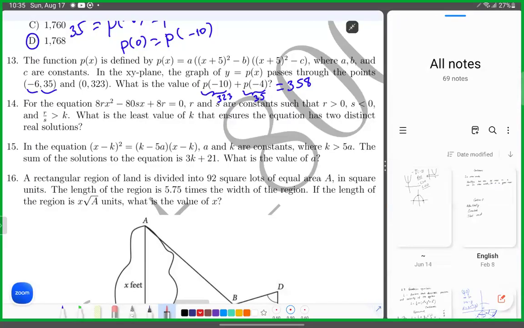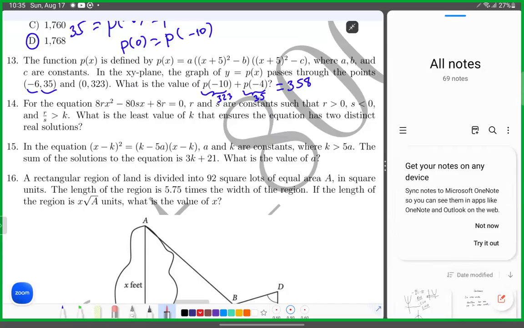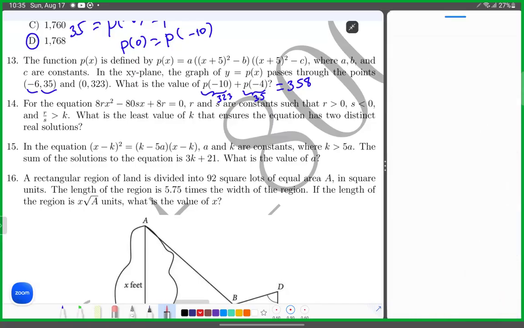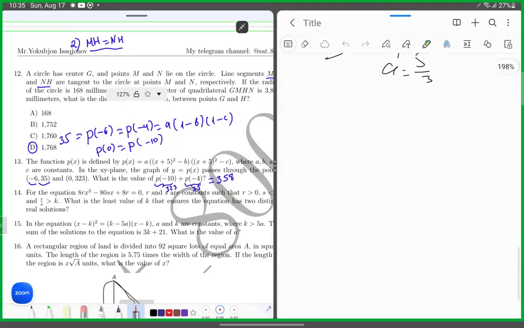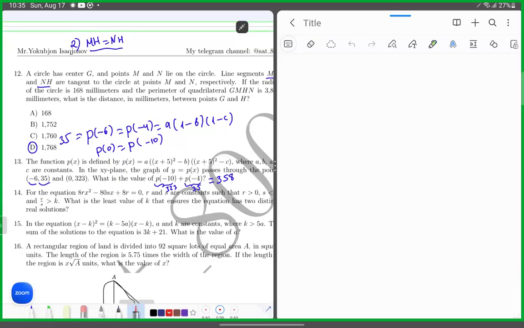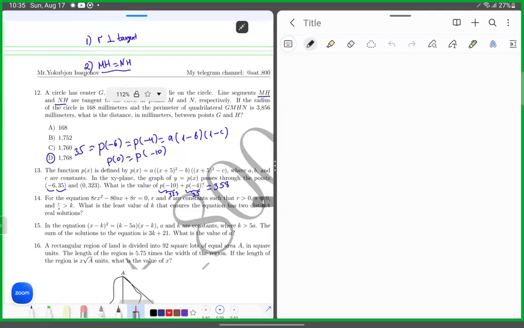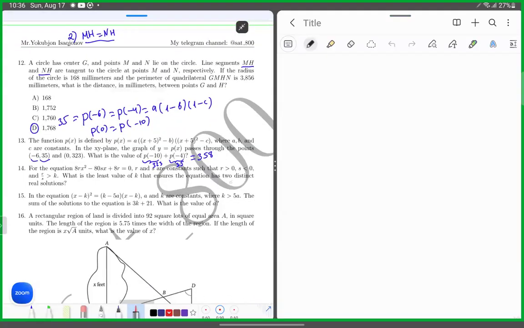Okay, the problem is here, and we will solve it. When you see a quadratic equation, pay attention that it has two distinct real solutions.